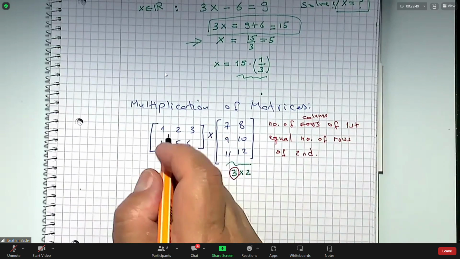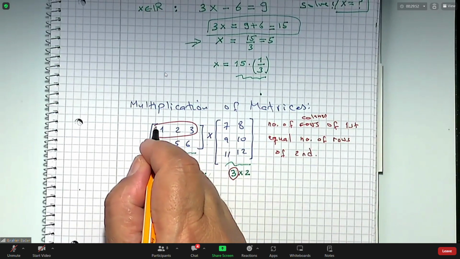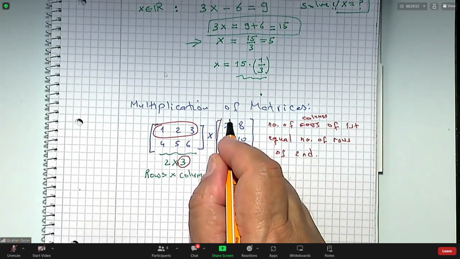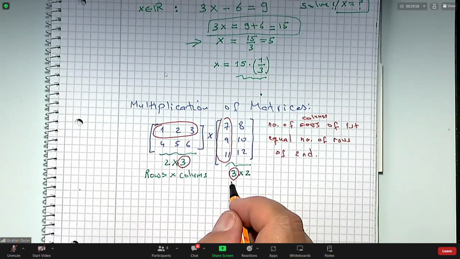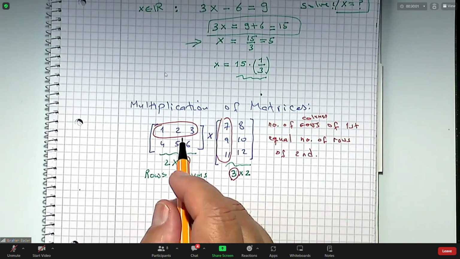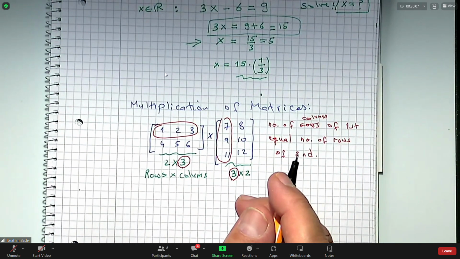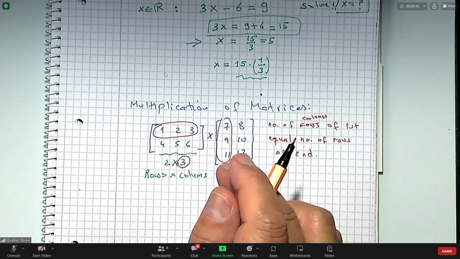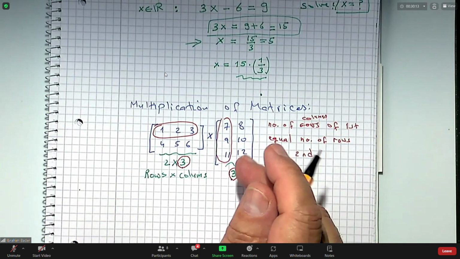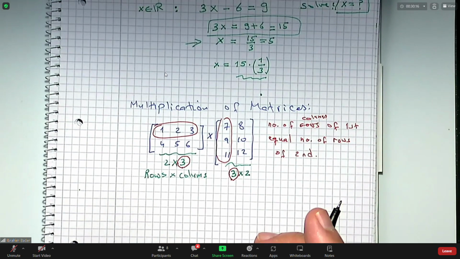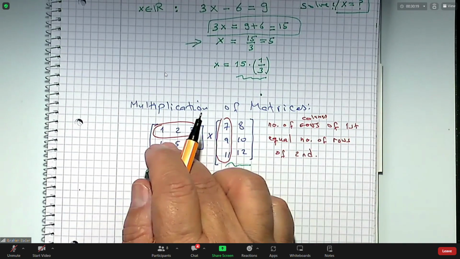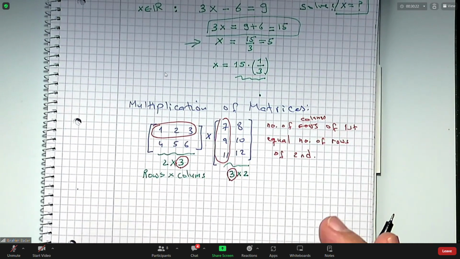We are going to take this row and multiply it with this column. If the number of columns there and the number of rows here are equal, then I can perform the dot product because they definitely have the same number of elements, or the same dimension. So here I have a three-dimensional vector, and I can perform the dot product with another three-dimensional vector. If this equality does not hold, then we cannot talk about the multiplication of matrices.